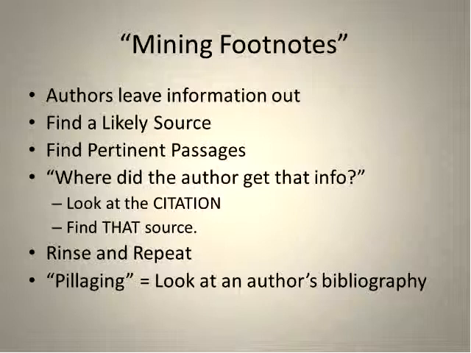There are a number of reference works besides encyclopedias that can help you on your way that include bibliographies, book review indices, guides to literature, geographic guides, and specialized encyclopedias. And finally, when you begin finding your sources, mine those footnotes. Where did those authors get their information? Then go to where those authors got their information and do more of your own research.